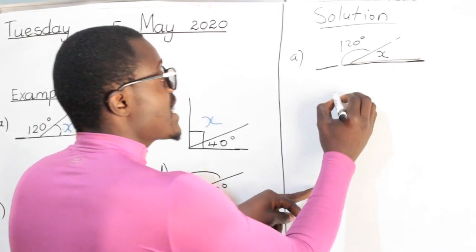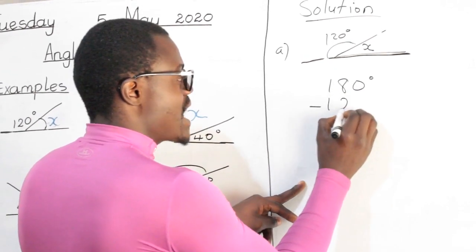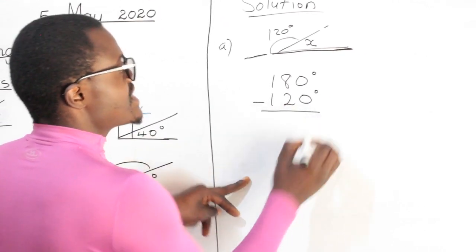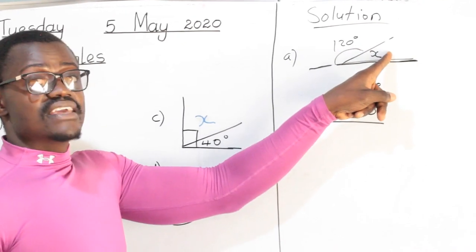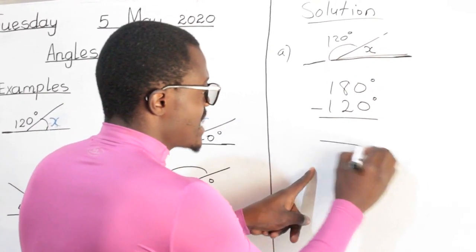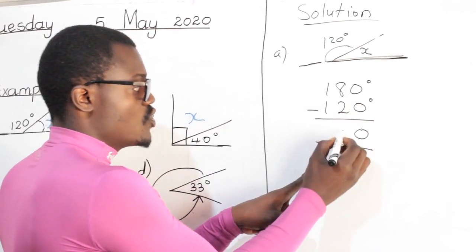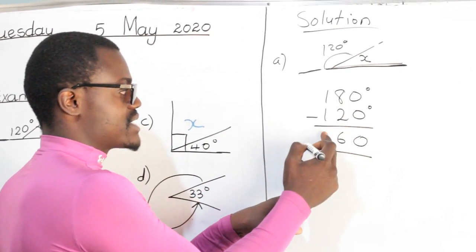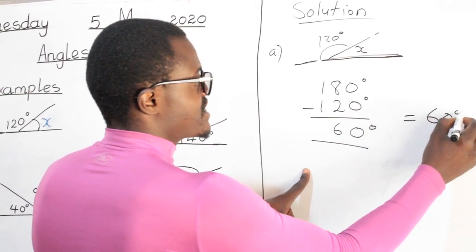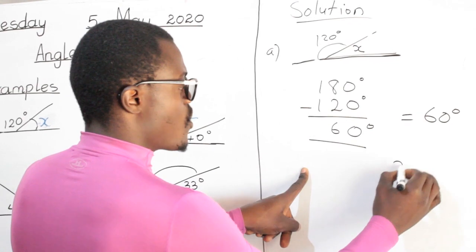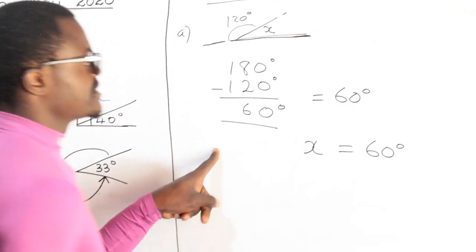We say 180 degrees minus 120 degrees, to remain with x. 0 minus 0, we get 0. 8 minus 2, we get 6. 1 minus 1, that's 0. So our answer is 60 degrees, meaning the angle marked x is equal to 60 degrees.